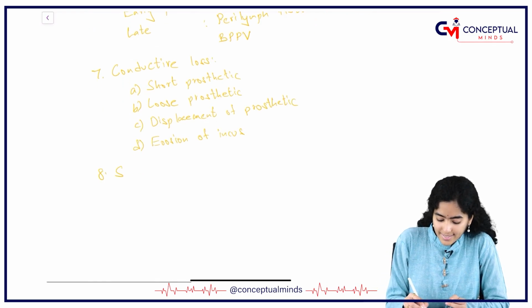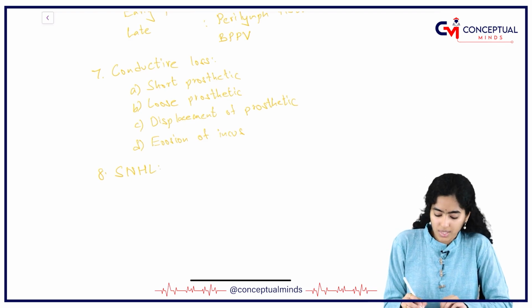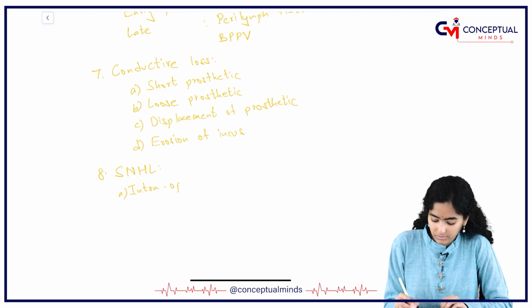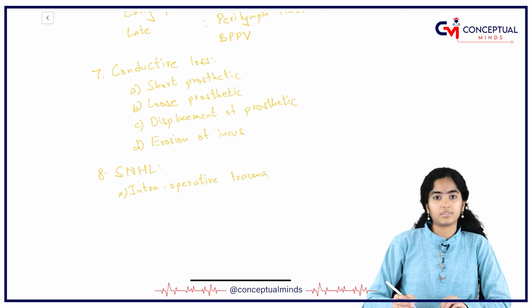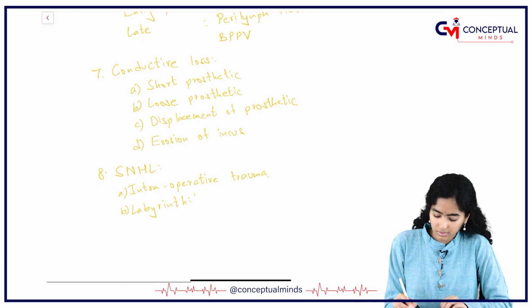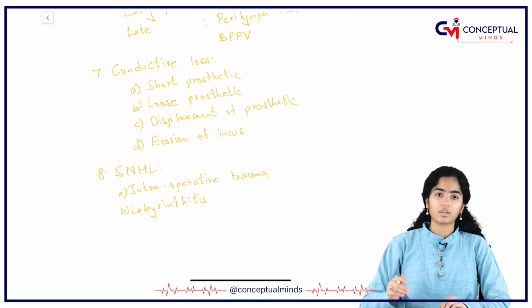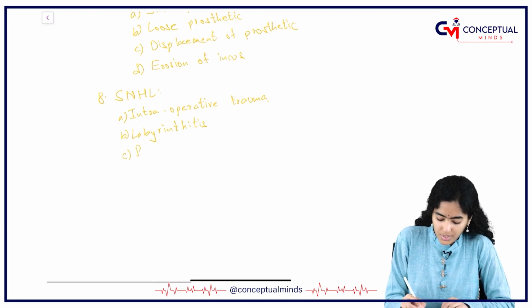Next, sensory neural hearing loss can also occur. Why? Because of some intraoperative trauma. Intraoperative trauma to the labyrinth or inflammation of the labyrinth, labyrinthitis, or because of perilymph fistula.